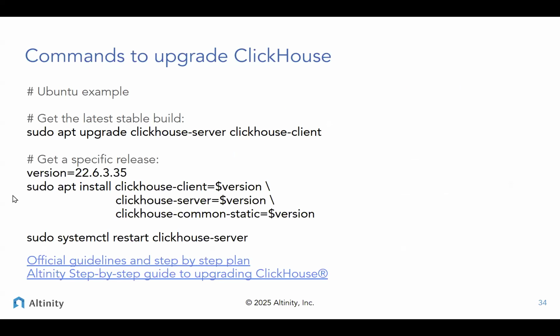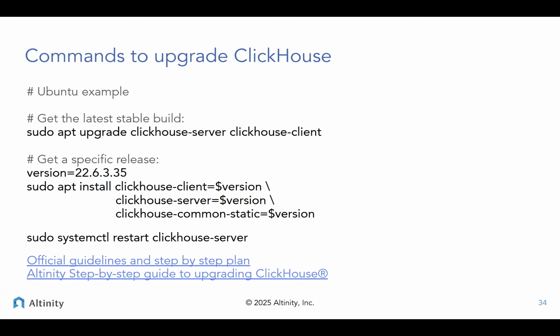Commands to upgrade. If you're running it yourself on EC2 or on racked hardware, here's an example of apt upgrade. You will typically set the version, and then there are 3 packages you need to upgrade: client, server, and common-static.